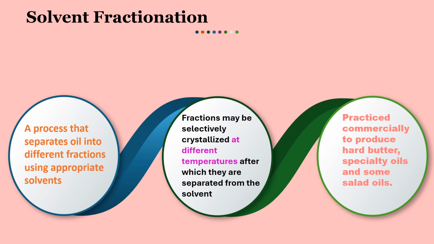Solvent fractionation is a process that separates oil into different fractions using appropriate solvents. These fractions may be selectively crystallized at different temperatures, after which they are separated from the solvent. Usually practiced commercially to produce hard butter, specialty oils, and some salad oil.